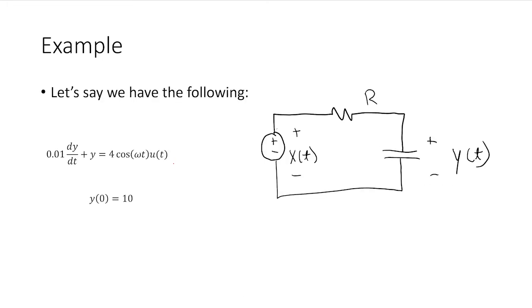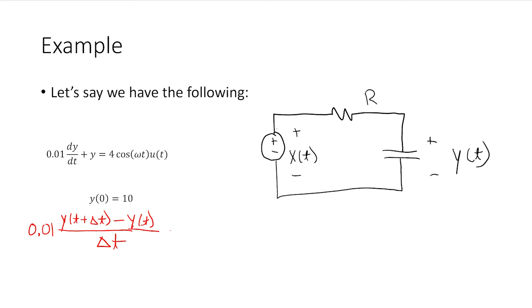So what do I need to do, right? I'm going to say that I have 0.01. dy by dt needs to become an equation. So what do I do to dy by dt here? What's on top? Over delta t.